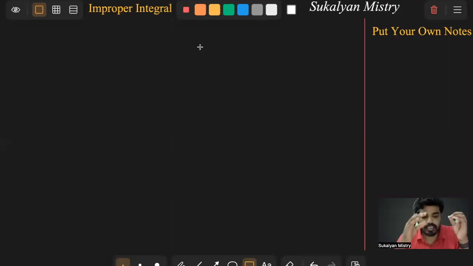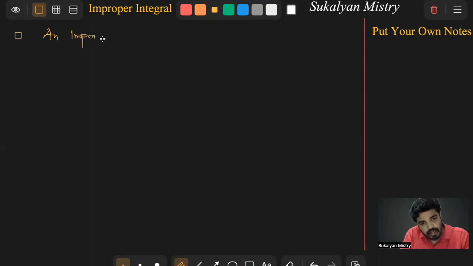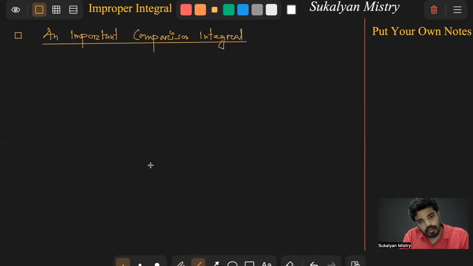So now we discuss an important comparison integral. So it is a very, very important theorem. So note down an important comparison integral theorem.